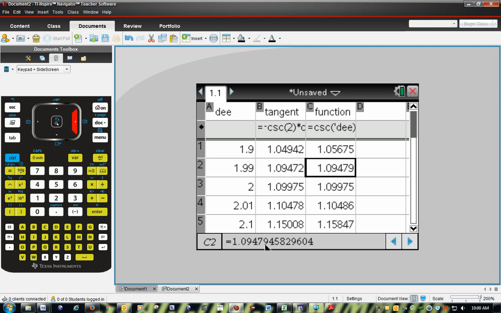The 100,000ths place is the one that's changing. So that would tell me that these are pretty accurate approximations. And this is more proof that the closer you are to the number that the target is, and that number is 2, the linear approximation is going to be really good.